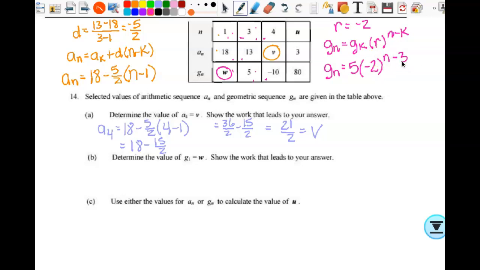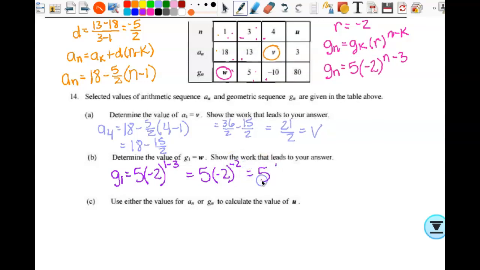All right, so since I want g sub 1, which is w, that's going to be equal to 5 times negative 2 to the 1 minus 3 power. So that is 5 times negative 2 to the negative 2 power.